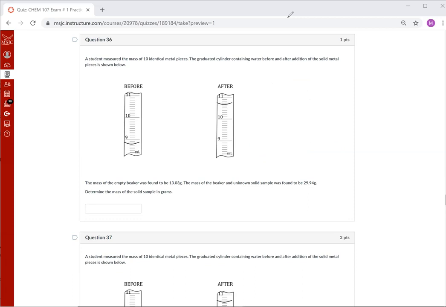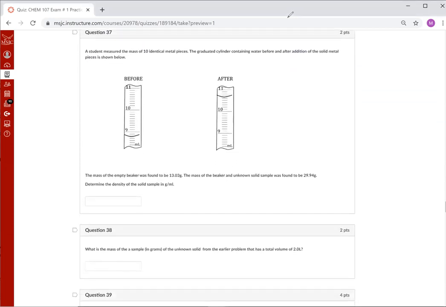Let's look at the next part of this problem. The student measured the mass and volume. Remember, we knew that our mass was 16.91 grams, and our volume from the earlier problems was found to be 1.87 milliliters.